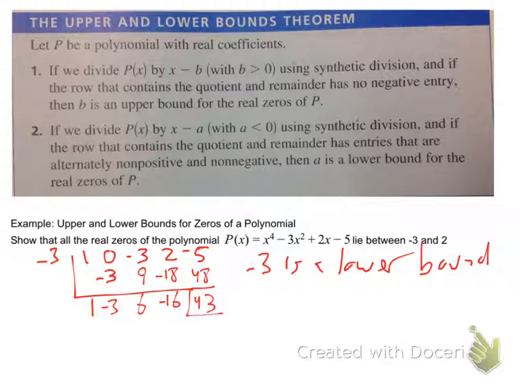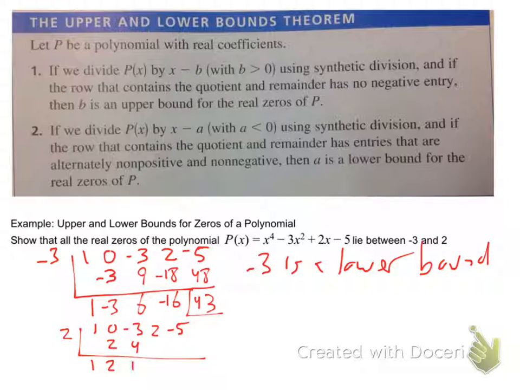That's what it means. I should be able to check the exact same thing with 2, but 2 should end up being an upper bound.